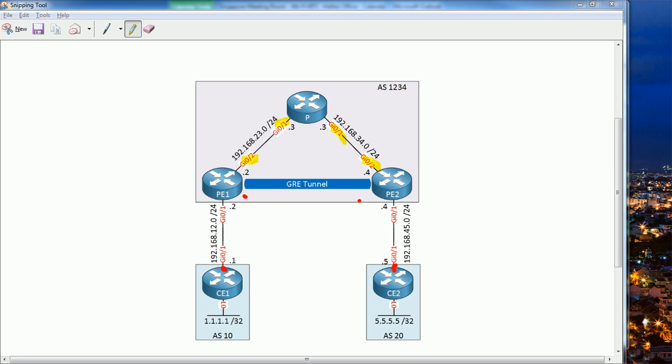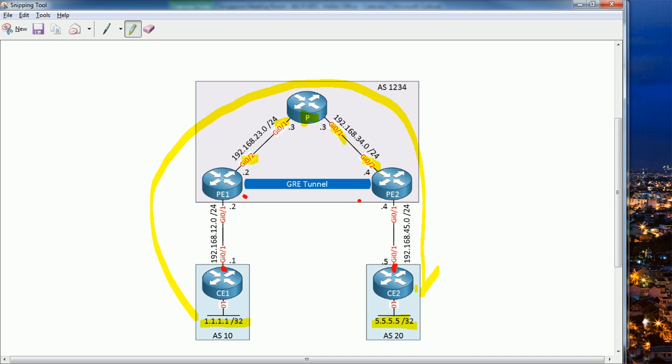So let's try a quick ping between C1 and C2. Ping this one. It will go like this. And when we show the IP route for this network on the P router, this router doesn't have a route for this network.